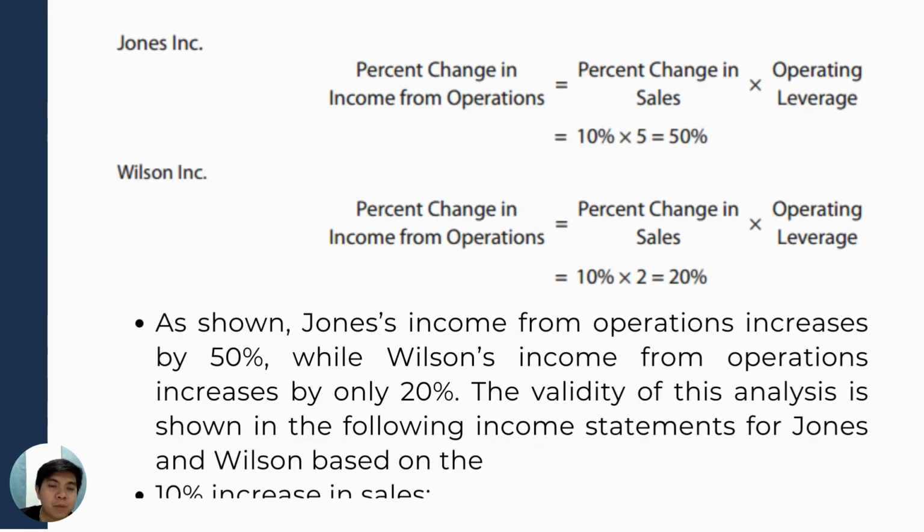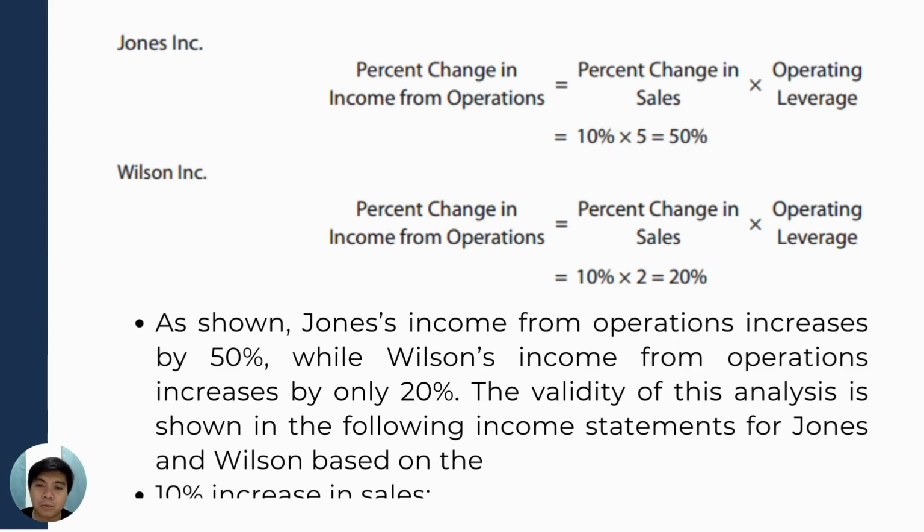For Jones Inc., we will just multiply the percent change in sales, which is 10%, times operating leverage, which is 5. That would result to 50% change in income from operations for Jones Inc. Same with Wilson Inc., that results to 20% change in income from operations.